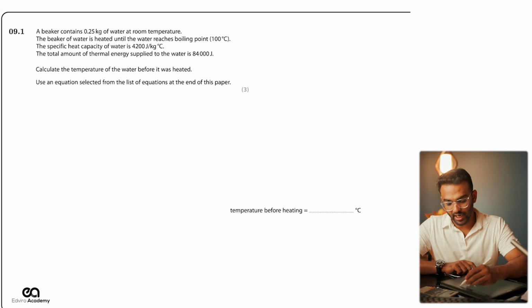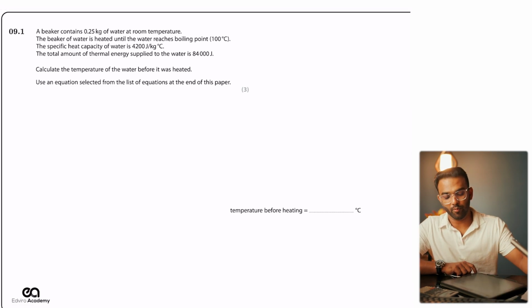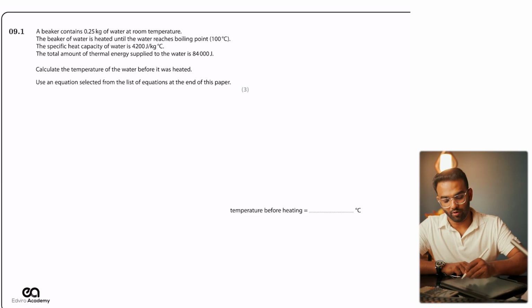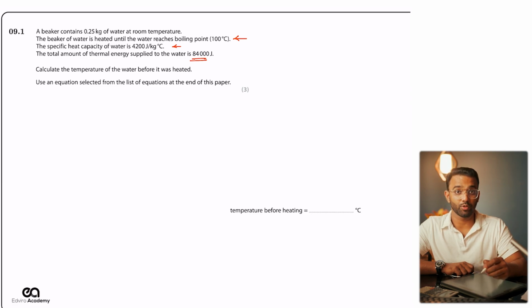A beaker contains 0.25 kilogram of water at room temperature, and the beaker of water is heated until it reaches boiling point, and the specific heat capacity is given. The total amount of thermal energy supplied to the water is that. Calculate the temperature of the water before it was heated, which is the room temperature.